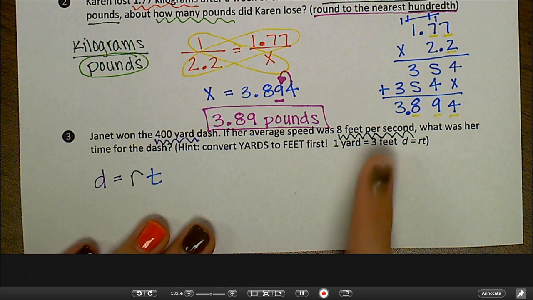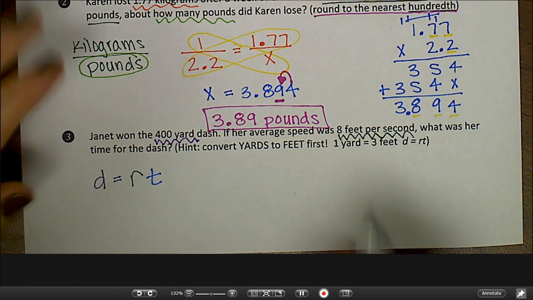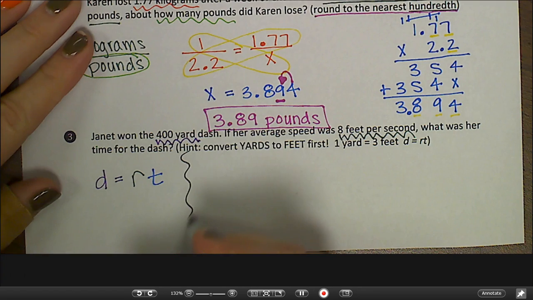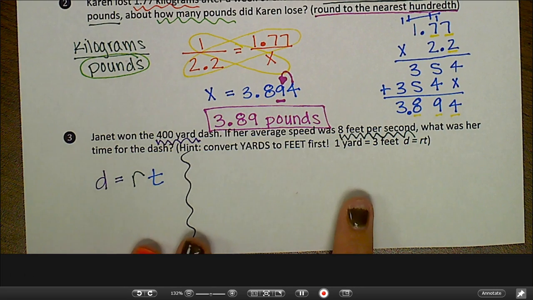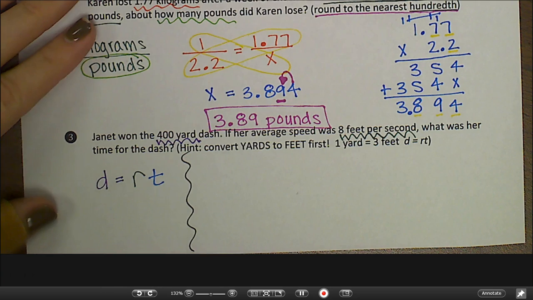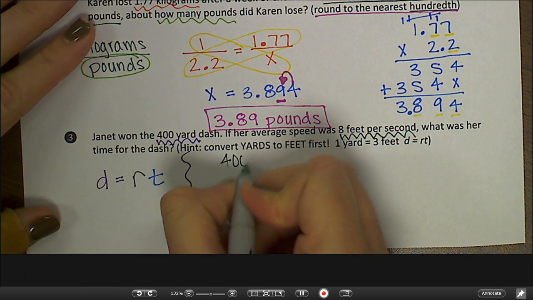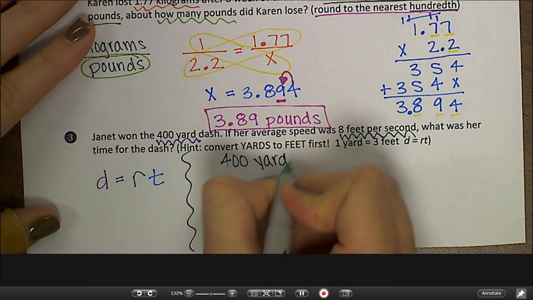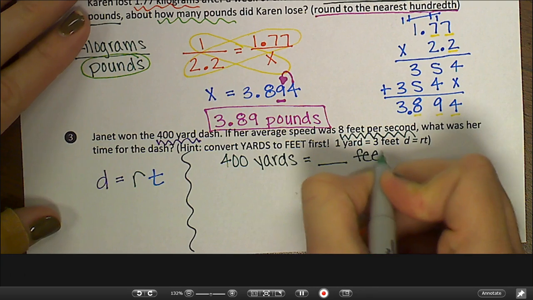So we're actually going to have 2 parts to this problem. Let's give ourselves just a little bit of space over here on the left for our distance formula. That won't take too much space. But over here, we're going to do another measurement conversion problem. So I want to turn, basically, I'm asking myself, 400 yards equals how many feet?